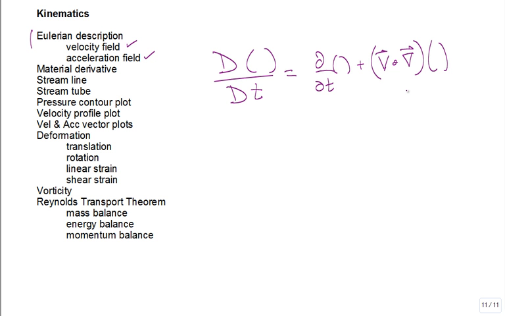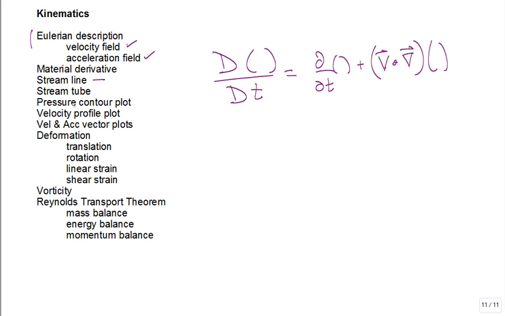Okay. What about streamline? Well, I know that there's a pathline and a streakline, but basically in steady state, we just say it's a streamline. It's where a chunk of fluid goes, its path.